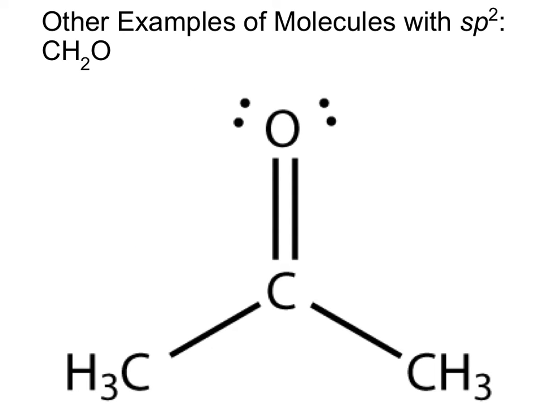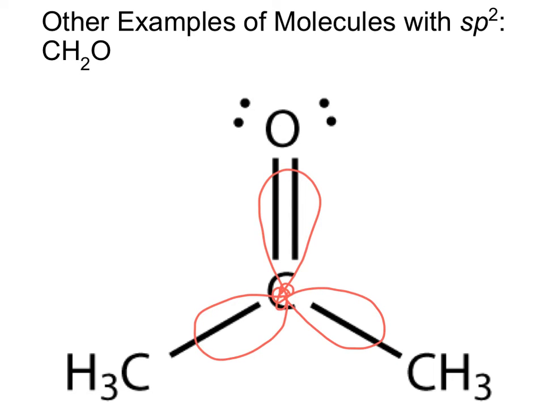Another instance where we will see sp2 hybridized orbitals is with a compound like acetone. Our carbon atom in the center will form 3 sp2 hybrid orbitals, shown here in red.